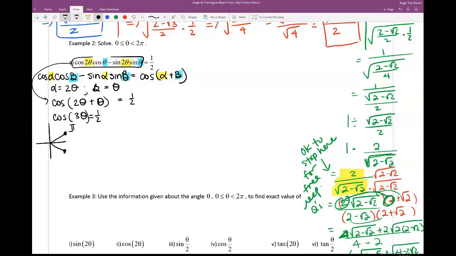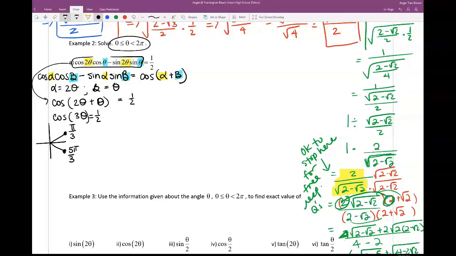Did you say pi over 3? Beautiful. How about in quad 4? Remember, the restriction for theta is from 0 to 2 pi. Okay, so we had to go a full revolution. Did you say 5 pi over 3?